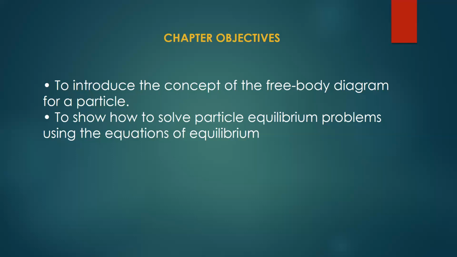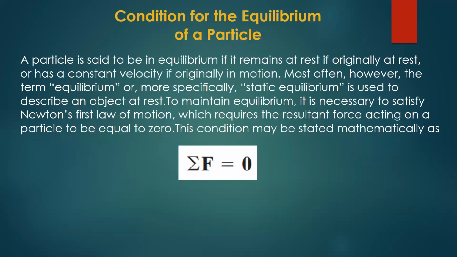All right, so the conditions of equilibrium of a particle are just based on Newton's first law of motion. We all know that Newton's first law of motion states that a particle remains in its state of rest or constant motion as long as there is no external force applied to it.